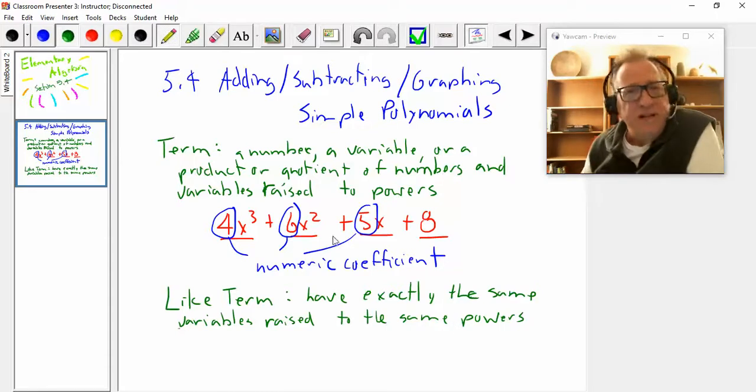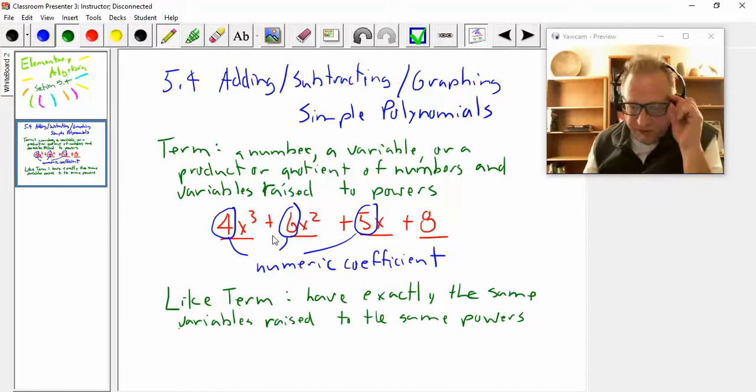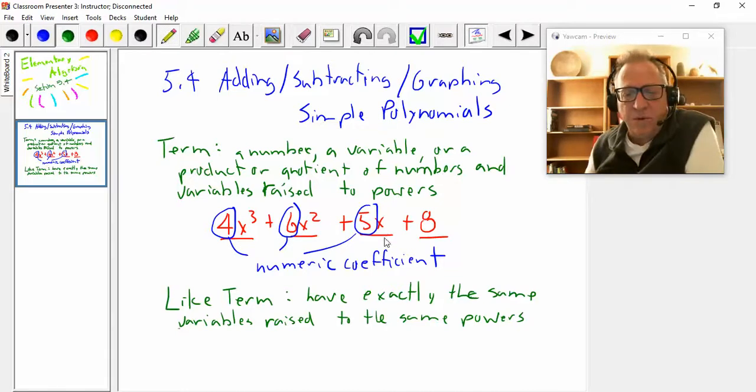So let's see if we have any like terms in this polynomial. Well, here's a variable x, and it's raised to the third power. And that's what we've got to look for, the same variable and the same power. How about 6x squared? Well, it's the same variable, x, but it's raised to a different power. No, these two are not like terms. In fact, each of these four terms are unlike terms.